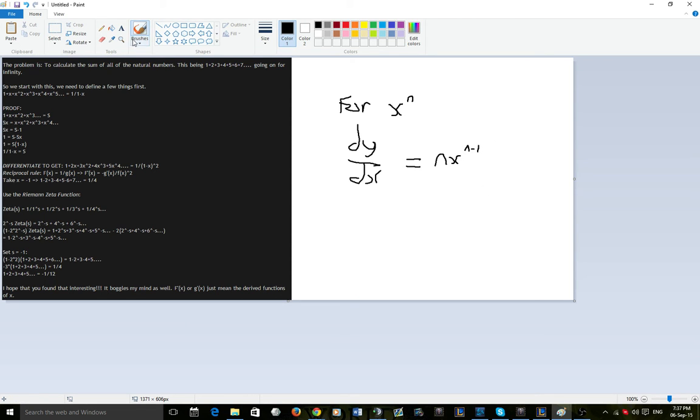So, for each term, we have, for example, 1. 1 is basically just x to the 0. So that is just completely removed because it's 0 multiplied by x to the minus 1. For x, it's x to the 1, so it's 1 multiplied by x to the 0, which is just 1.